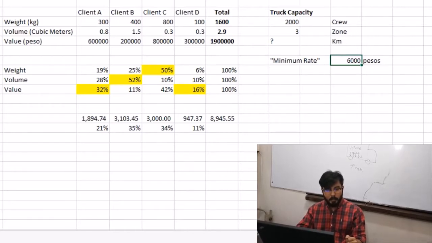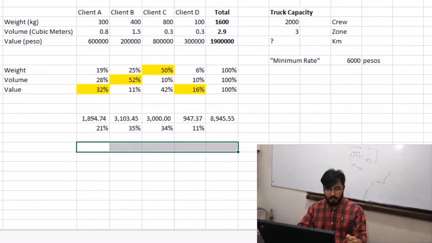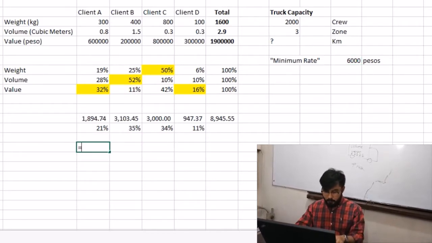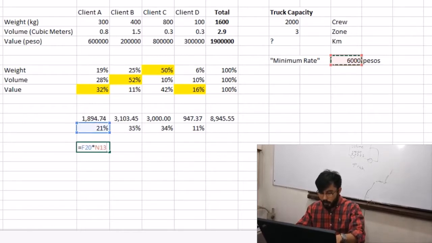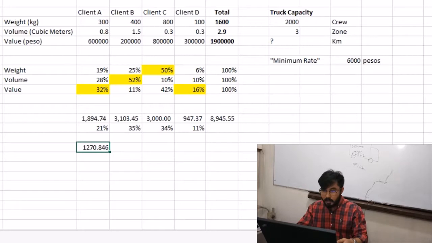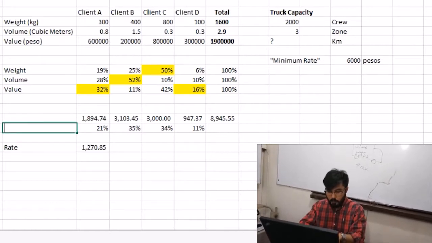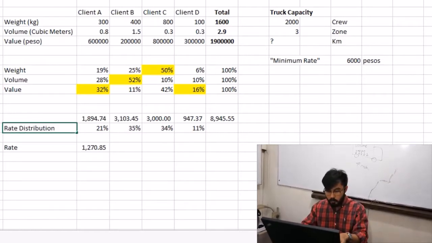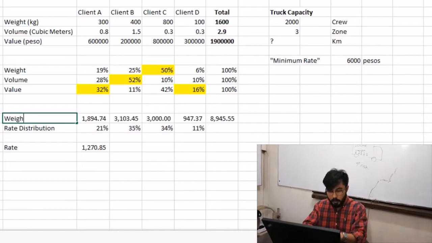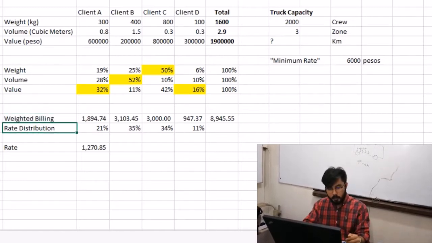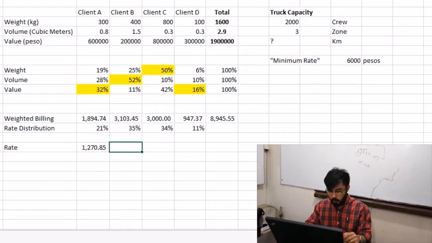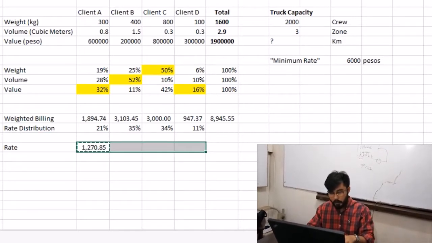So let's do that. 21% times the minimum rate. This is now pesos. Rate distribution. Weighted billing. This should be the rate for each billing, supposedly.